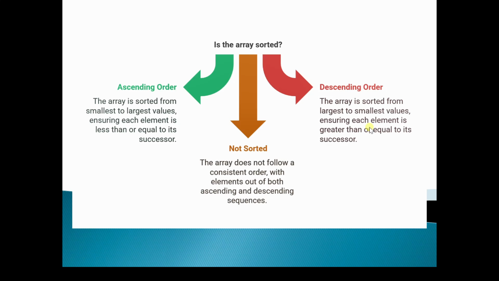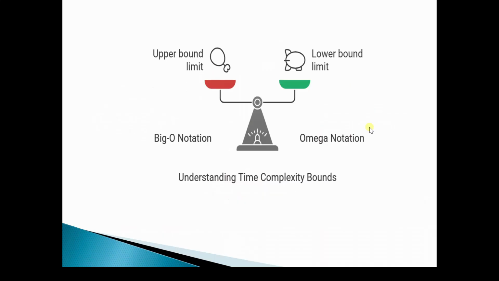To determine if an array of size n is sorted, we need to perform comparisons between adjacent elements. In computational complexity theory, we have big O notation representing the upper bound limit of the running time and omega notation to represent the lower bound limit of running time. So these are the time complexity bounds for a comparison algorithm, that is, comparing adjacent elements.